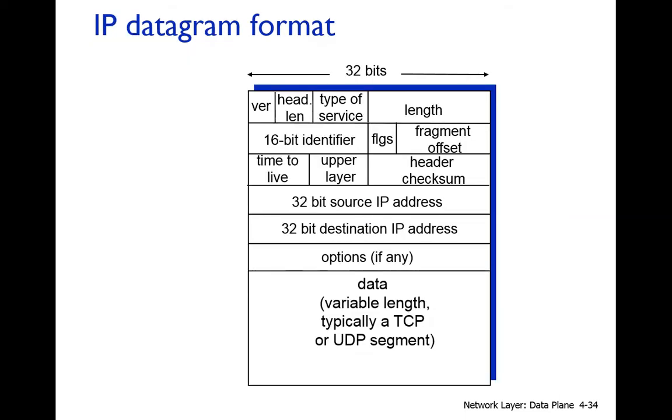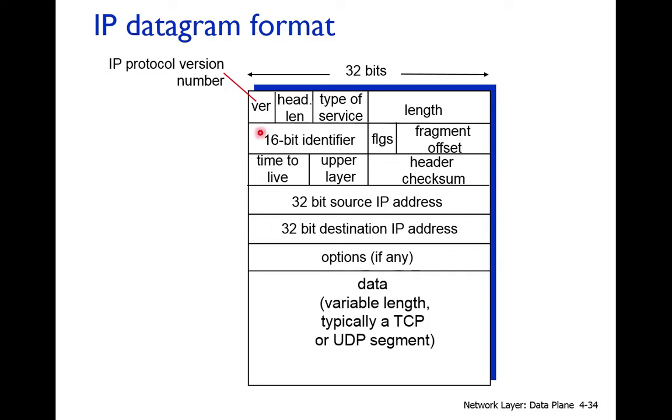Now we are going to discuss the IP datagram format. In the IP header, the first field is called version. You can see that in IP we have header lines: first, second, third, fourth, and fifth. These 5 header lines are mandatory, and the remaining header lines are optional.